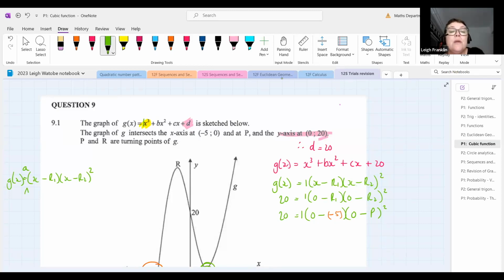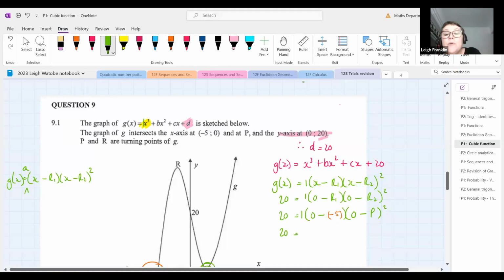Let's just see, P is equal to 2, Mosey says. All right, let's see, Mosey. So we've got 0 minus 5, sorry, 0 minus negative 5. So that gives us 5. And 0 minus P would be P squared, like so. Divide both sides by 5.